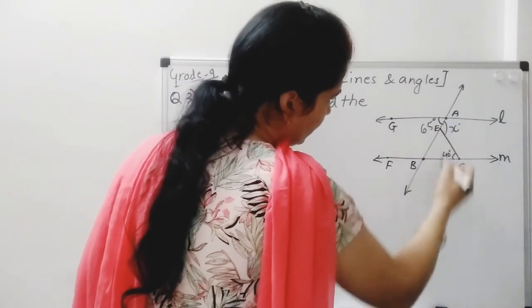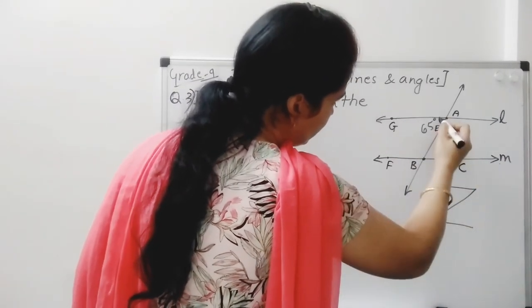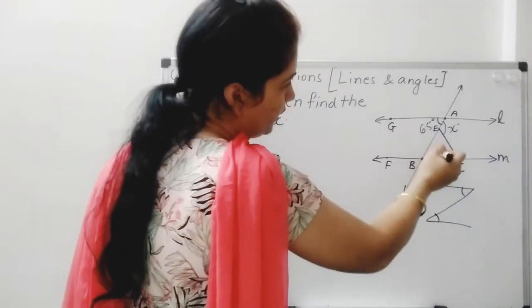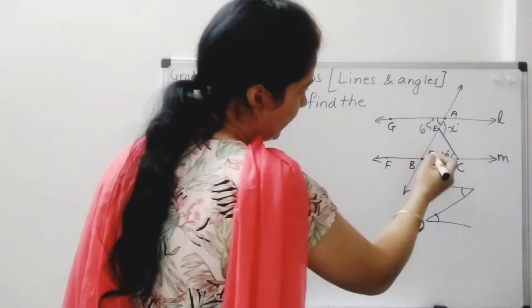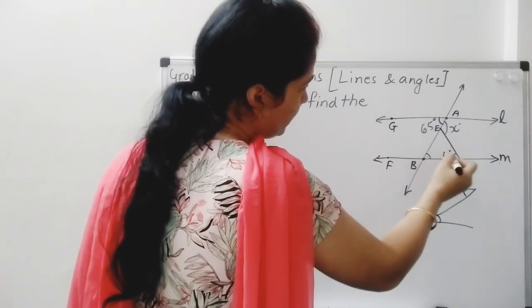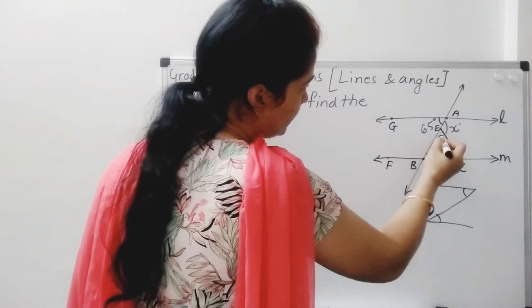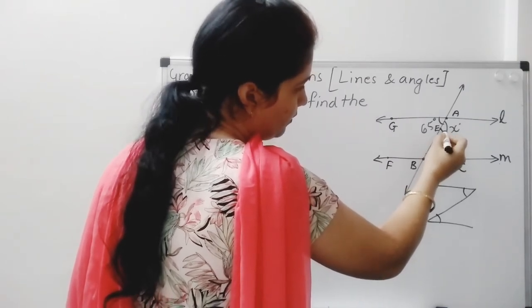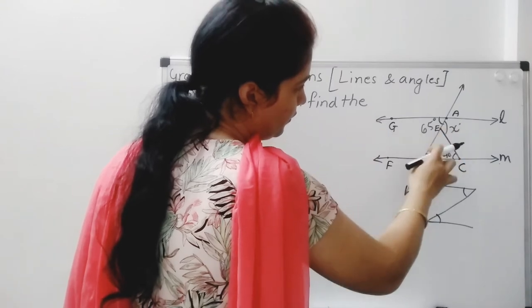So I can see here it is made like this. This angle and this angle will be equal because they are alternate opposite angles. Okay. So this will also be 65. Then by using these two angles' values, we will find out the value of this, and by using this angle, by using the linear pair property, we can find the value of x.